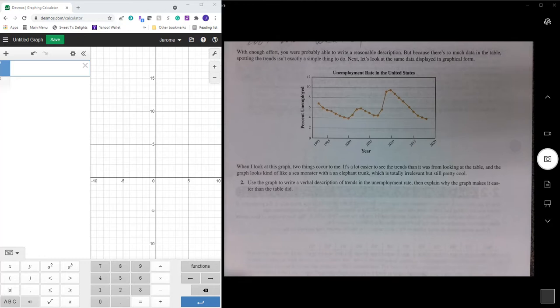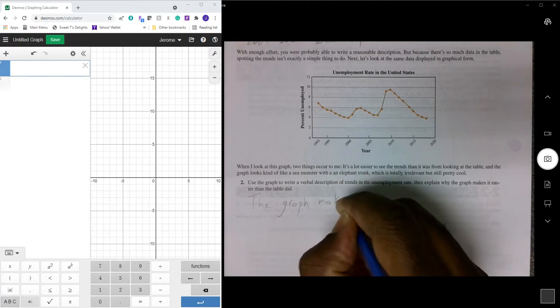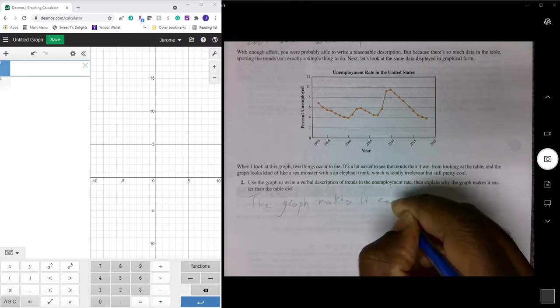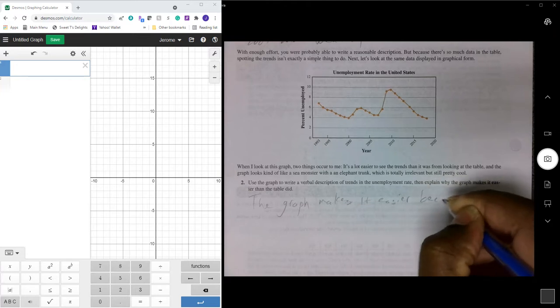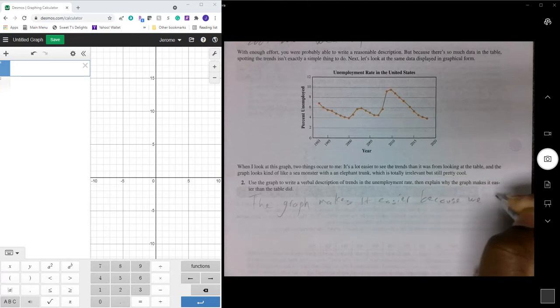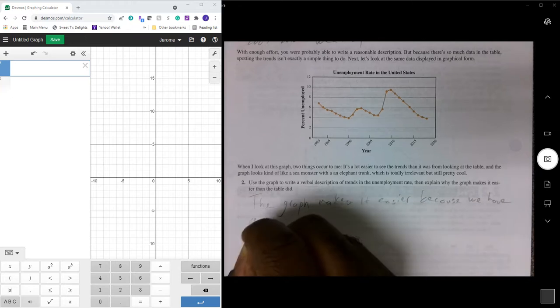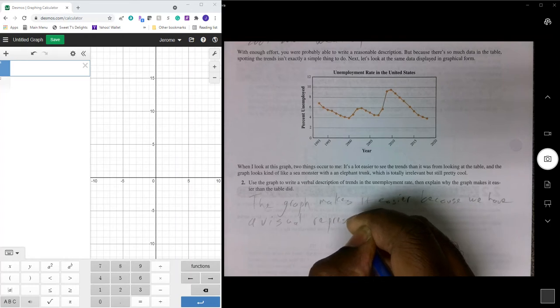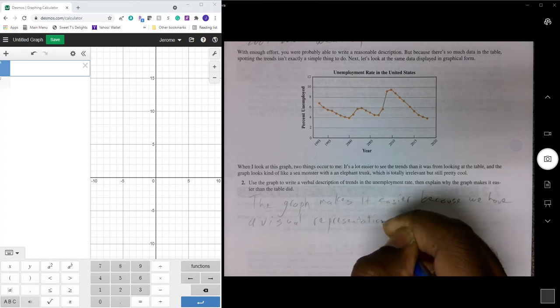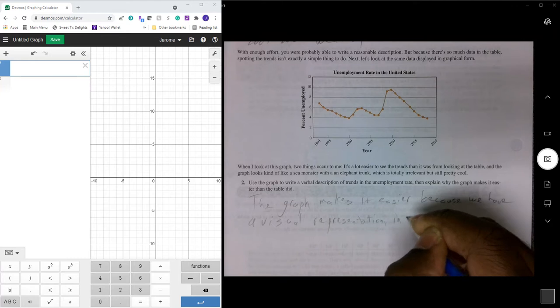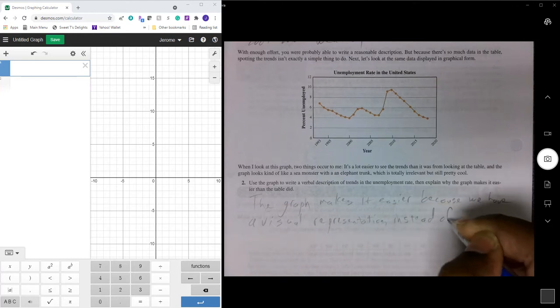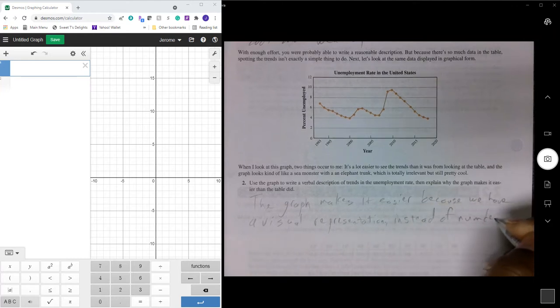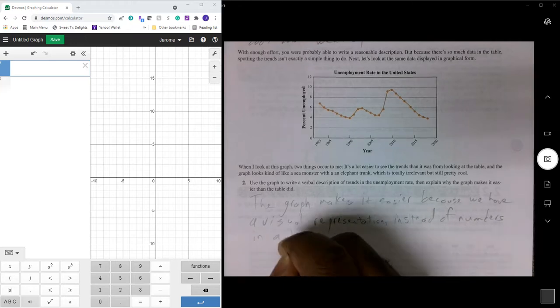Okay, basically, the graph makes it easier because we have a visual representation instead of numbers in the table.